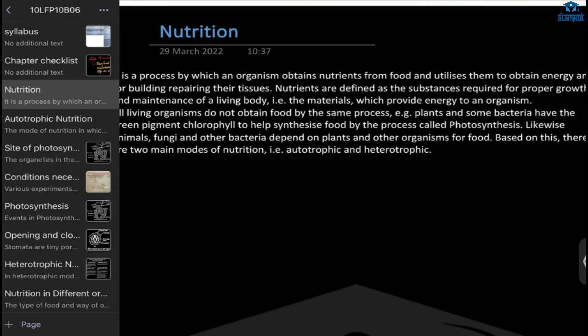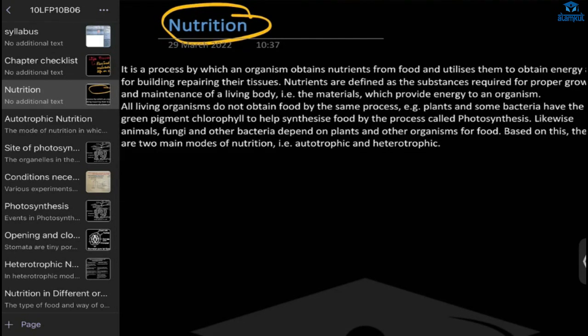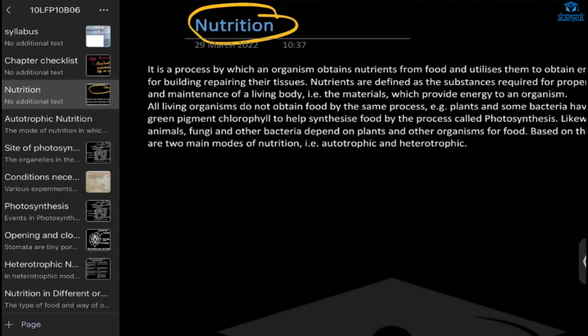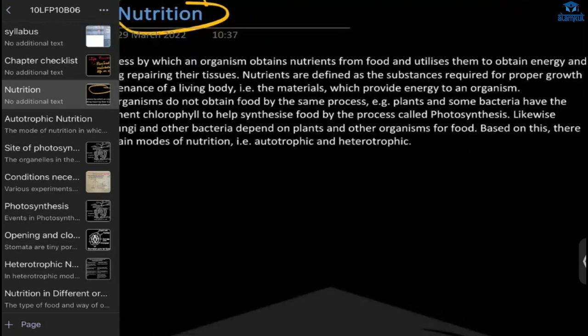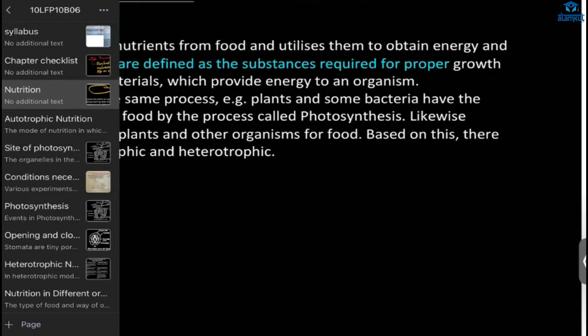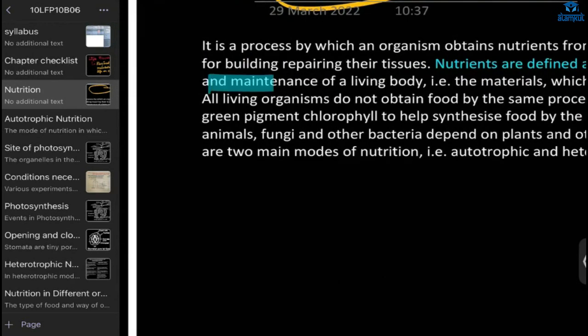So energy is obtained from the nutrition. And from the food we eat, from there only we get energy. So what is a nutrient? Nutrients are defined as substances required for proper growth and maintenance of the living body.